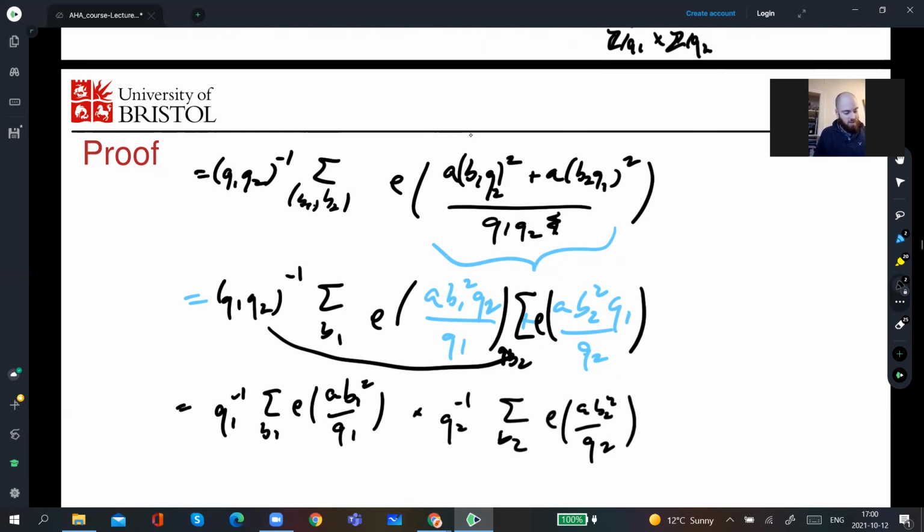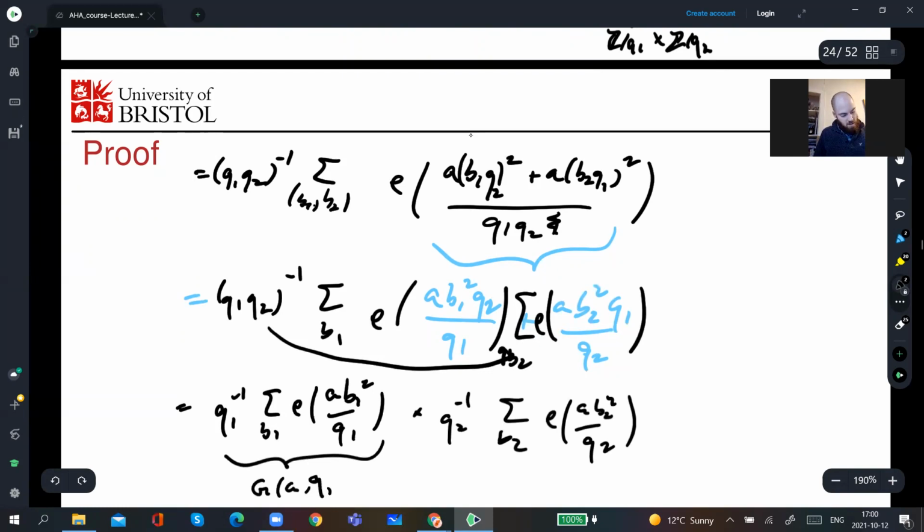This is just G of A Q1 at 0 times G of A Q2 at 0. And you just think about now A as A mod Q1 is my new A1 and A mod Q2 is my new A2. And that's the multiplicativity that we wanted.